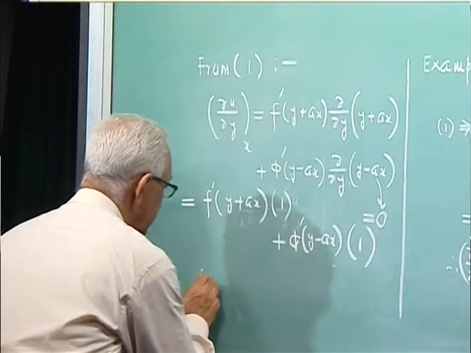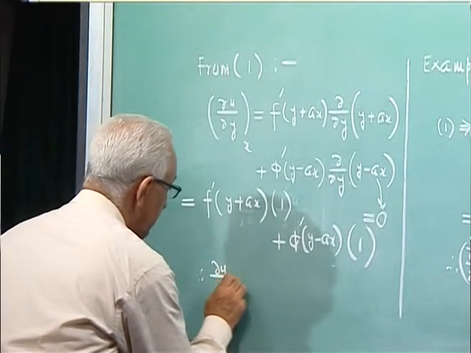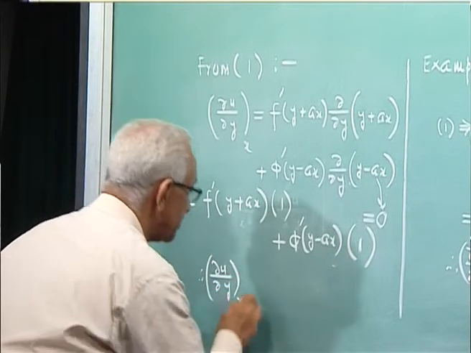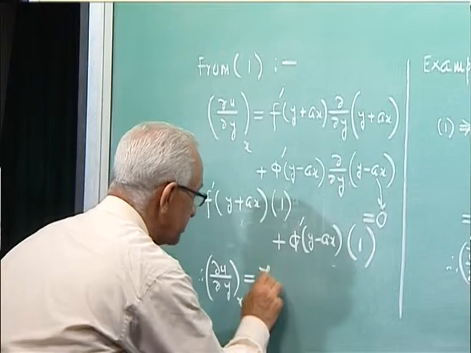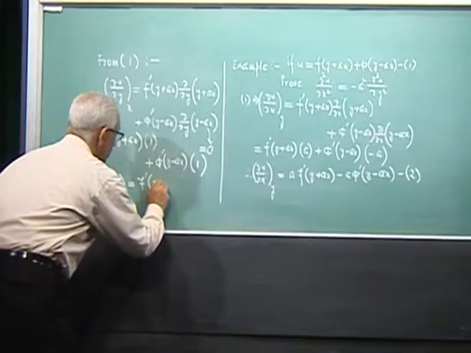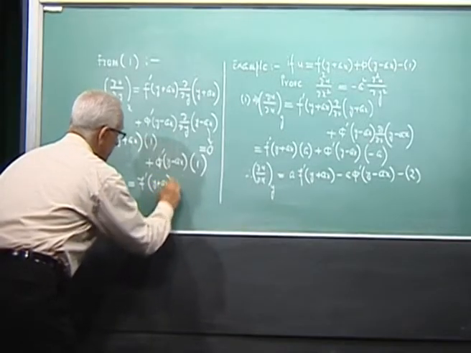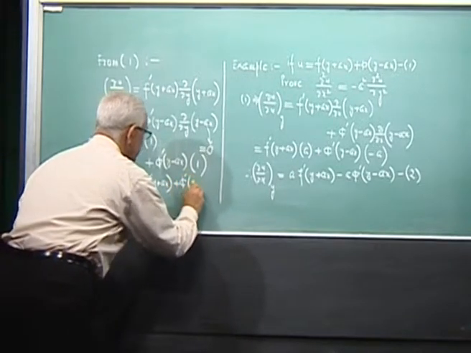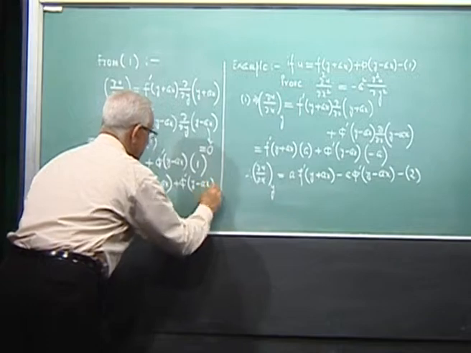And so finally we will have here partial with respect to y keeping x constant. I will be having right hand side as f dash y plus ax plus phi dash y minus ax.